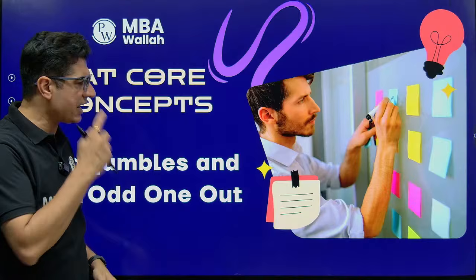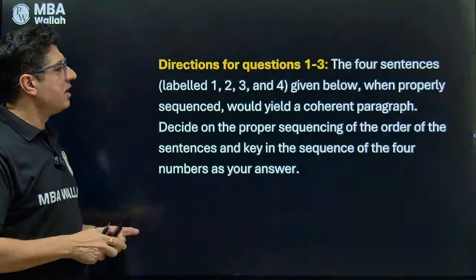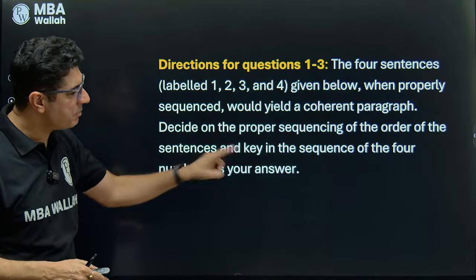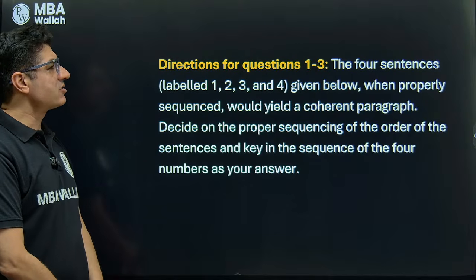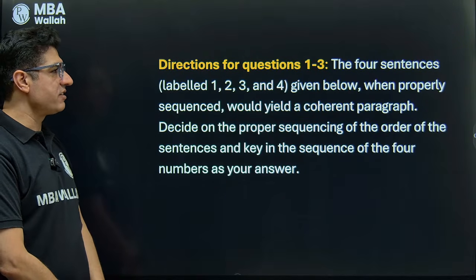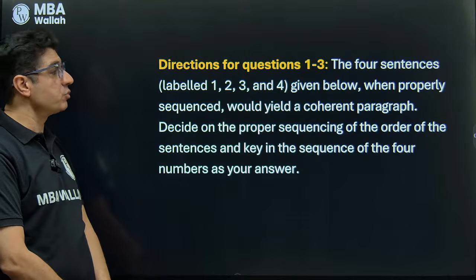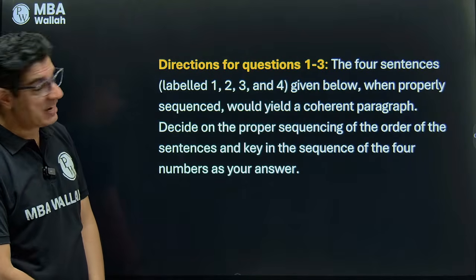So one of the question categories that we get is the one where you get this particular type of directions. The directions tell us that the four sentences given below, when properly sequenced, would yield a coherent paragraph.